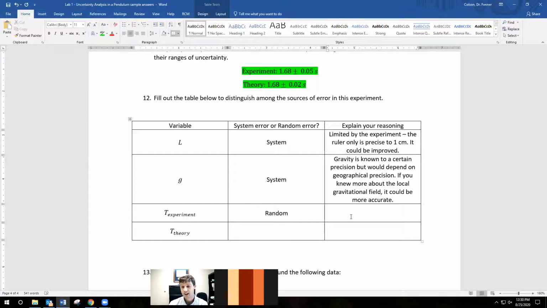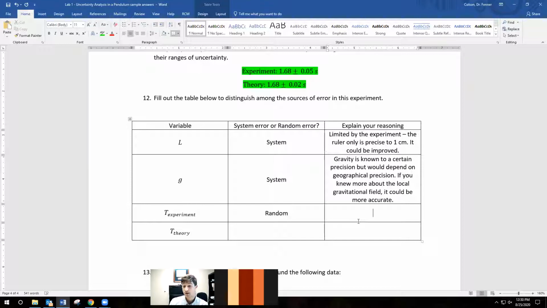Sometimes you might stop the stopwatch a little late, sometimes a little early, or you'll start it early or late. Your ability to measure the period to a very precise level is limited by human reaction time, and so there's a randomness associated with our inability to be more exact in when we start and stop the watch.